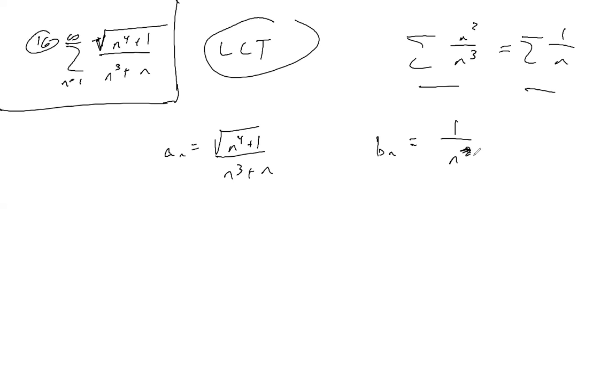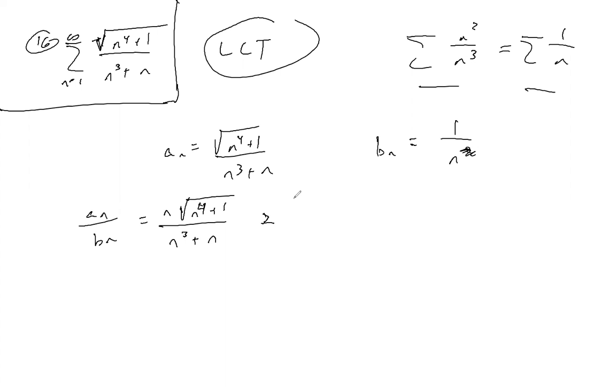Then a_n over b_n equals the square root of n to the fourth plus 1 over n cubed plus n, times n. Let's simplify this a little bit.